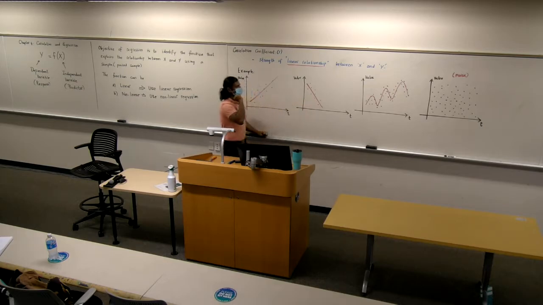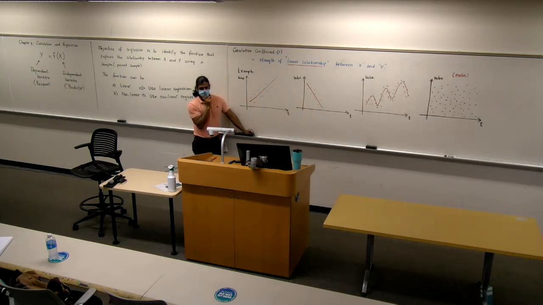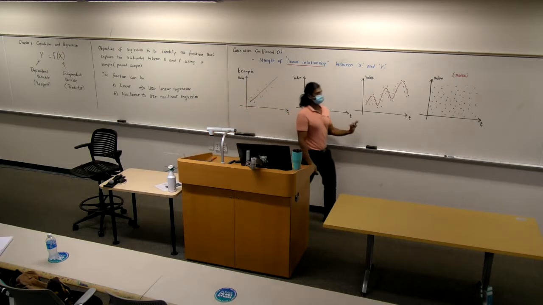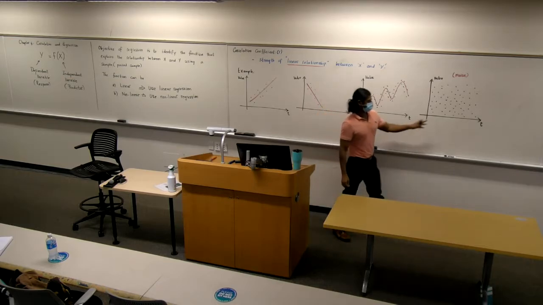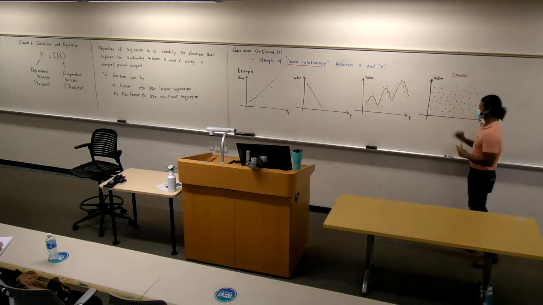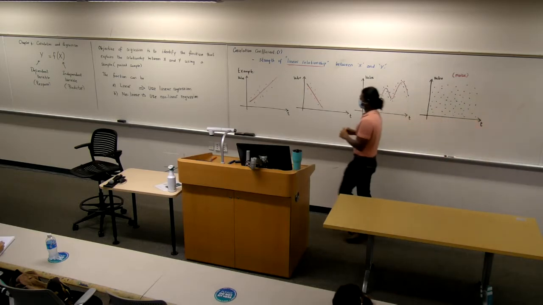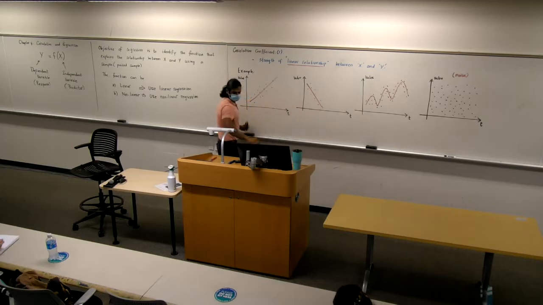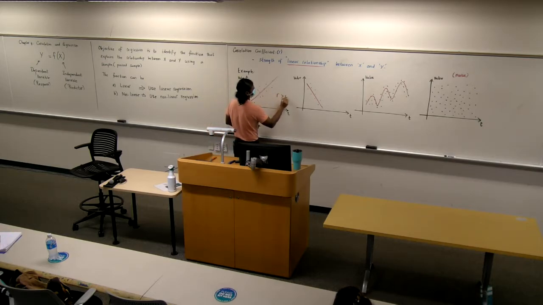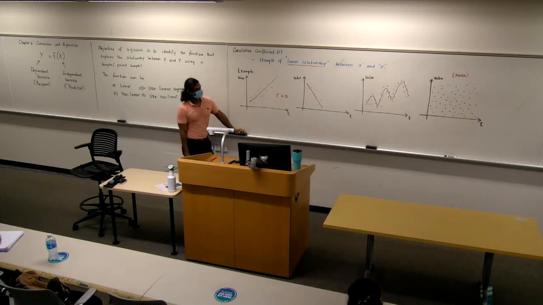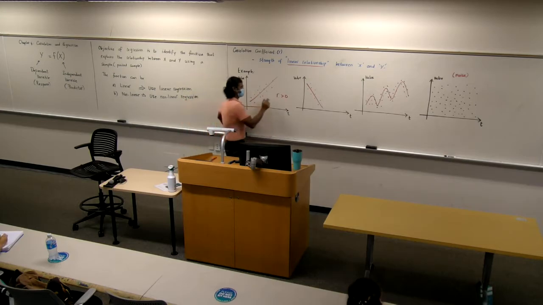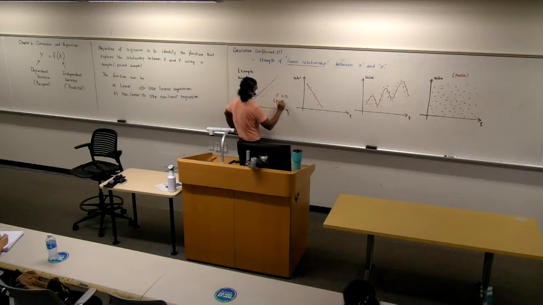Of the four, which is linear? The first two. The third clearly is non-linear. And this, we don't know. It's just noise. If I found the value of R in this case, the value of R will be greater than 0. In other words, it is going to be positive.